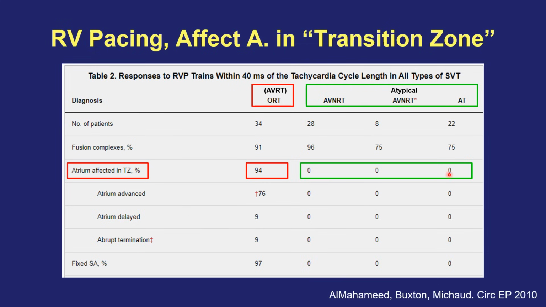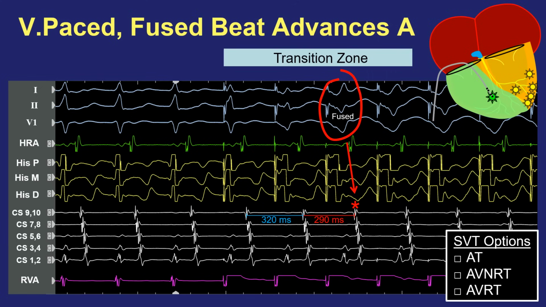In this study, where they looked at a lot of cases, they never saw atrial timing affected when pacing in this transition zone. Because the His bundle was refractory, the AV node was not accessible, and you couldn't get up to the atrium to terminate an atrial tachycardia either. So it is a very powerful observation if you see an impact on atrial timing during the transition zone of ventricular pacing within 40 milliseconds of the tachycardia cycle length.